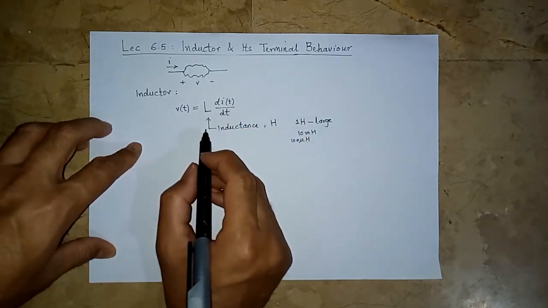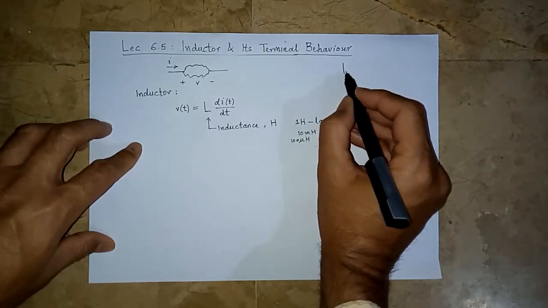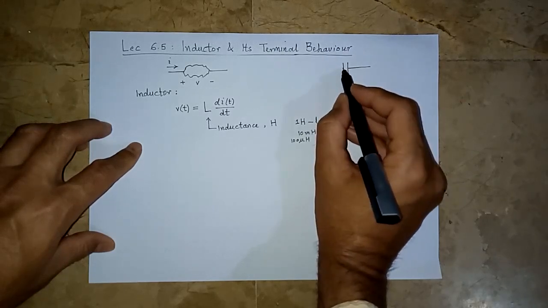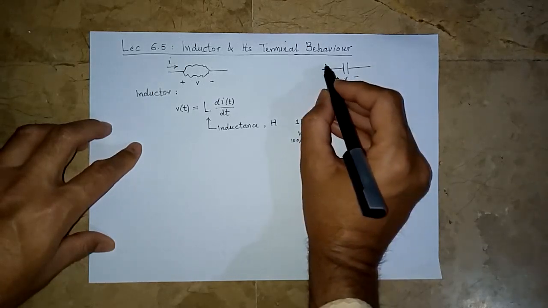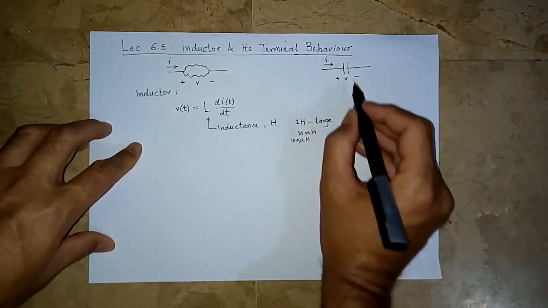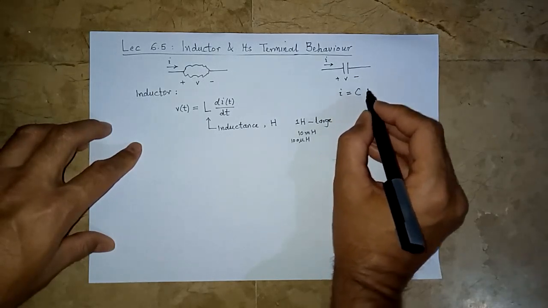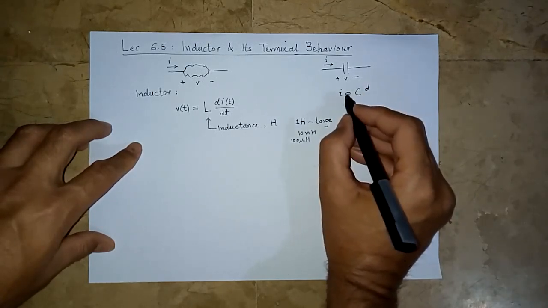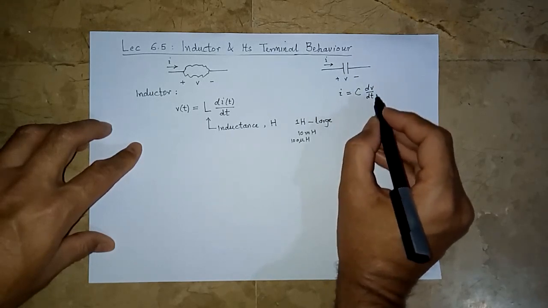Right here, let me just focus on this relationship. Remember that in the case of a capacitor, we have already seen such a relationship between V and I. The current through the capacitor is proportional to the time rate of change of voltage.